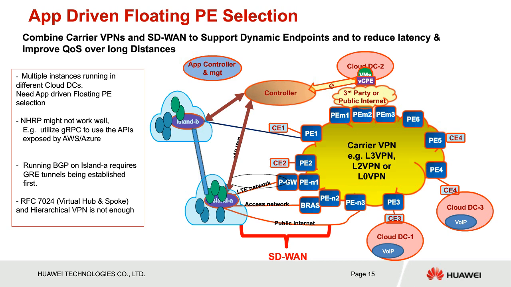Based on the application's needs, they may choose a different PE to ingress to the provider VPN. On top of that, they may also need to dictate which egress to exit the provider VPN. All this information can be achieved by the virtual router instantiated in the cloud data center.